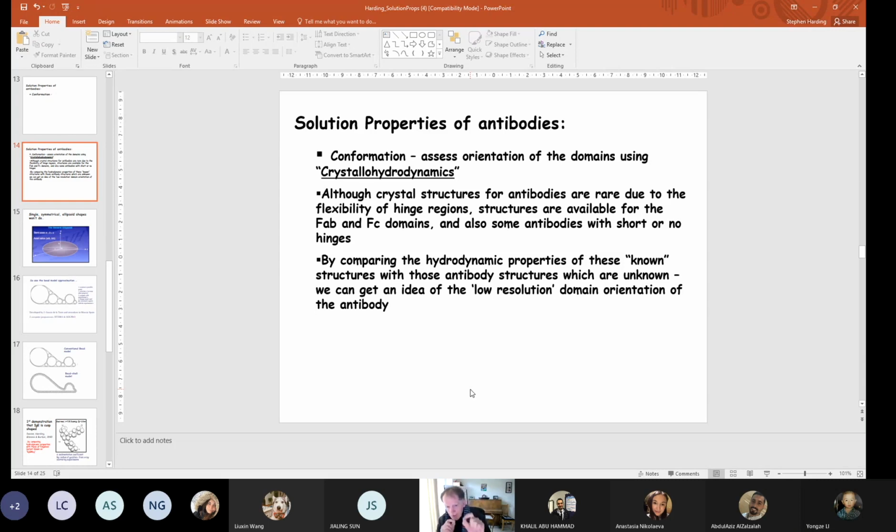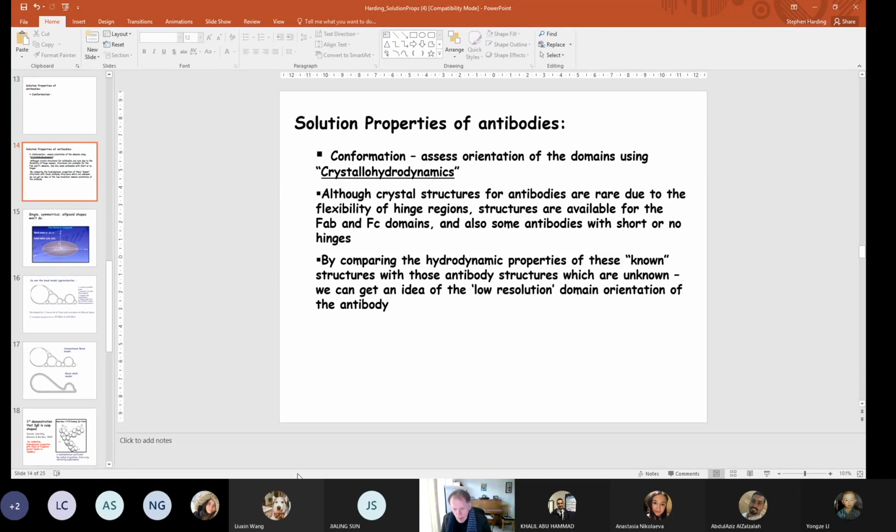Not in terms of the detailed atom by atom resolution, but in terms of the orientation of the domains, i.e., find out whether we've got a compact antibody, where the domains are closely folded in, or whether they are stretched out.